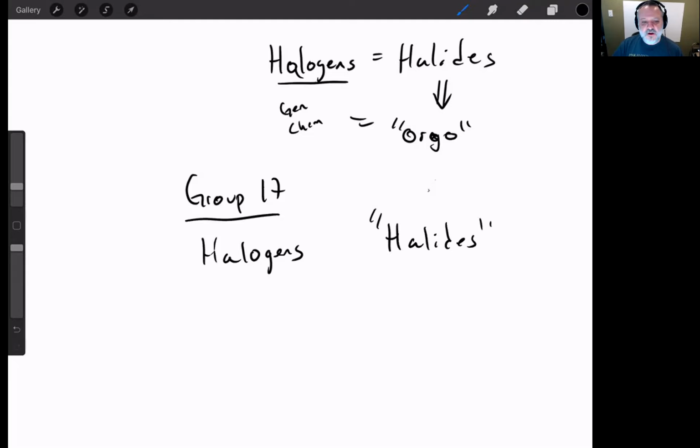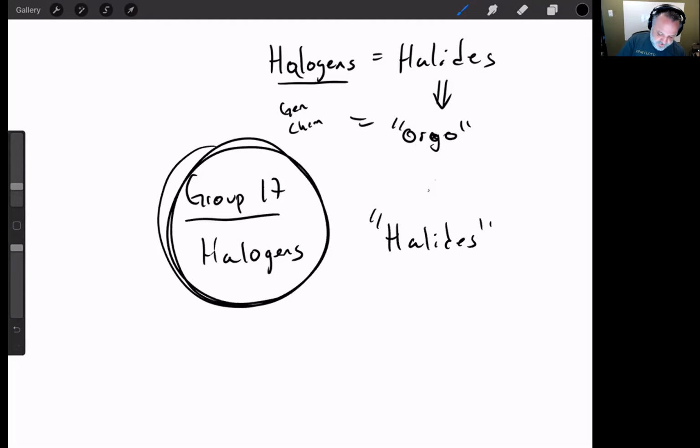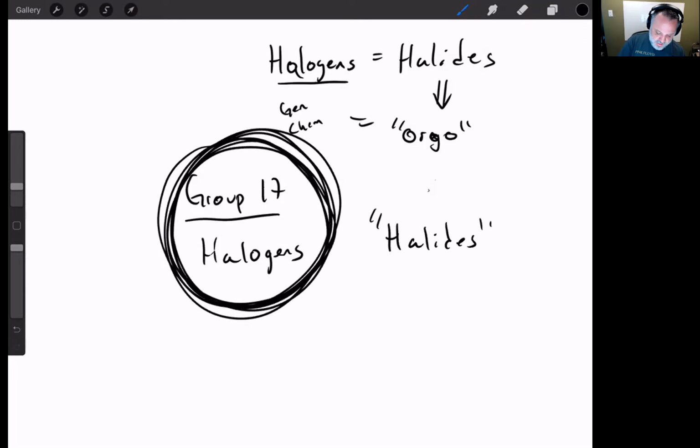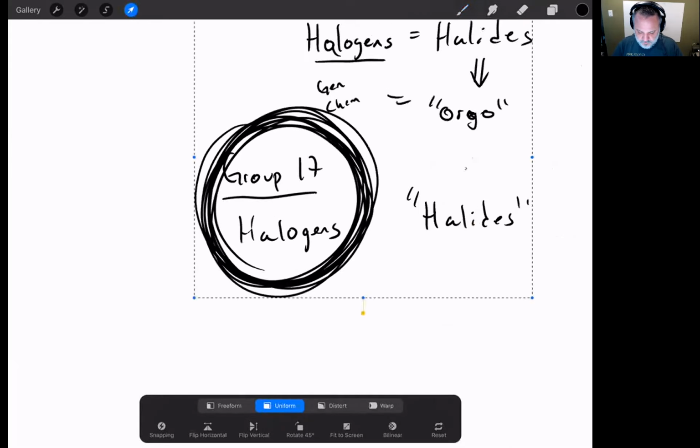So I'm sorry if I brought any confusion in. In introductory chemistry, we should probably stick with the word halogens. Does that clear it up?